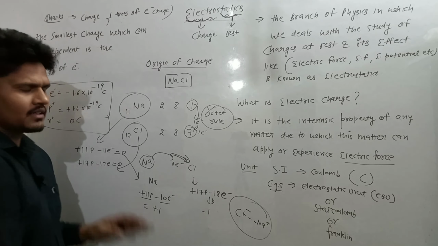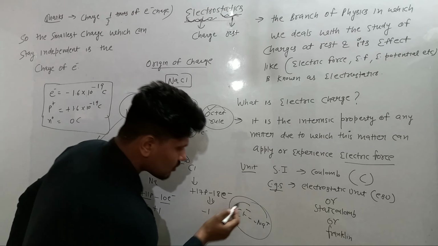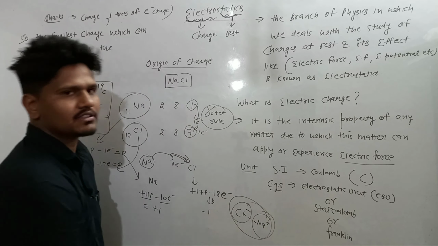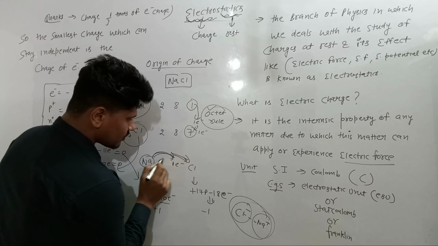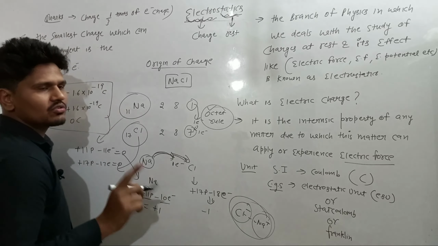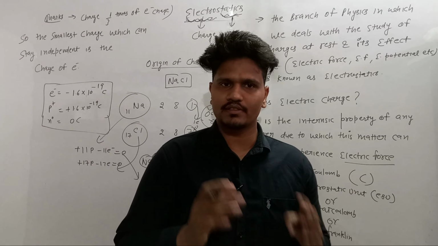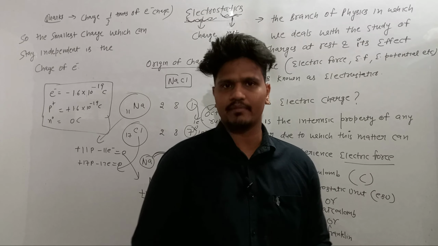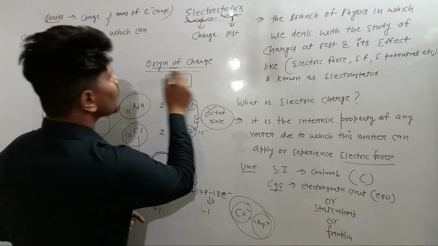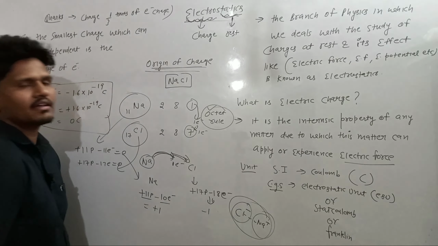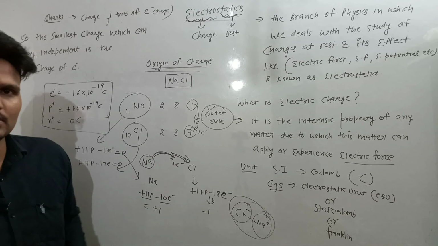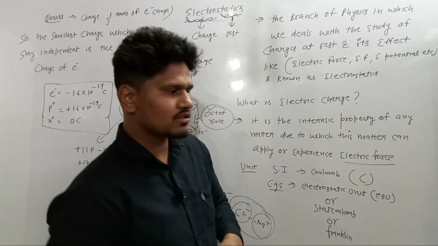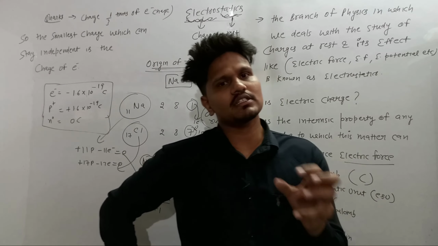I am not going into that, but see how chlorine and sodium get their charge. They get their charge when the electron is transferred from sodium to chlorine. So a body gets charge when electrons are transferred. What is the origin of charge? I have given you the answer. The origin of charge is, in order to gain stability, when atoms either lose or gain electrons.